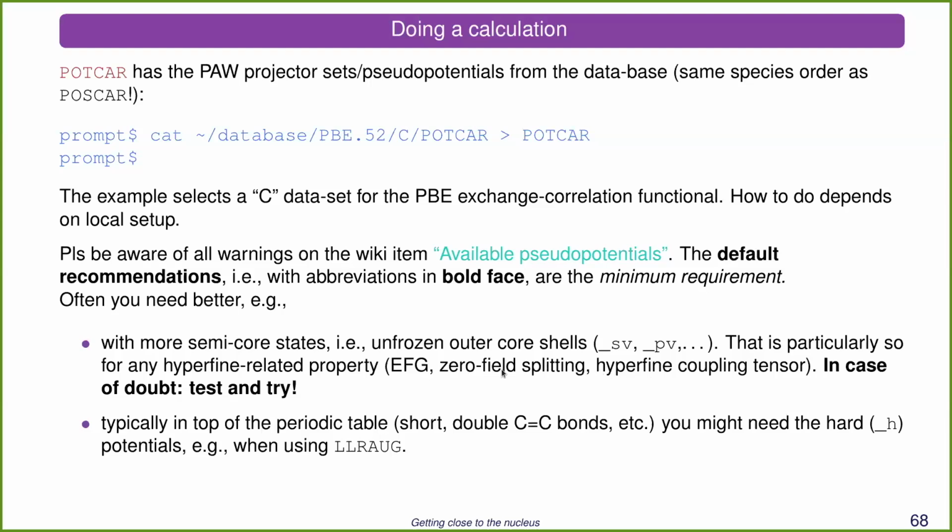In those cases you might actually need more, maybe semi-core states. In case of doubt, try and test. Be careful. That's the message. And if you have very short bonds, you might need the harder potentials. Then it is advisable to use LASPH. In fact, for any organic crystal, it's advisable to use this. It will always slightly improve the results.